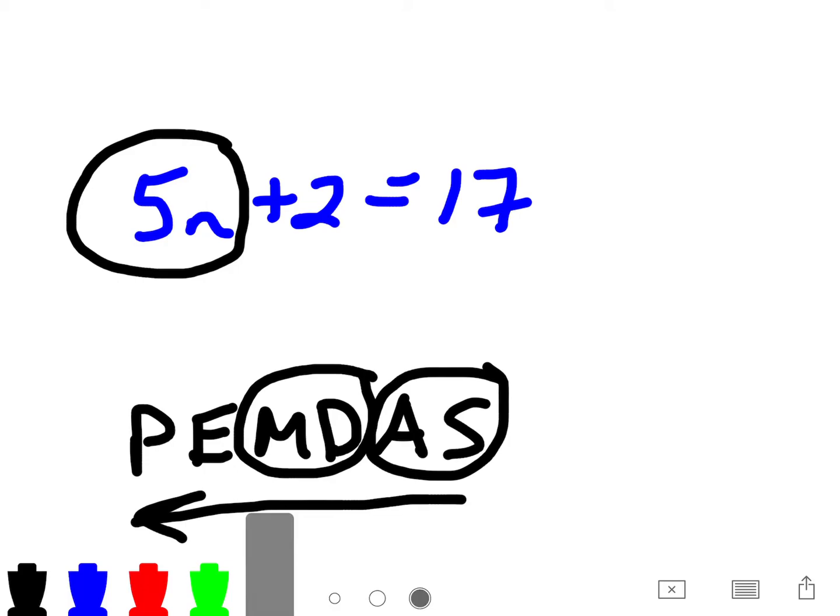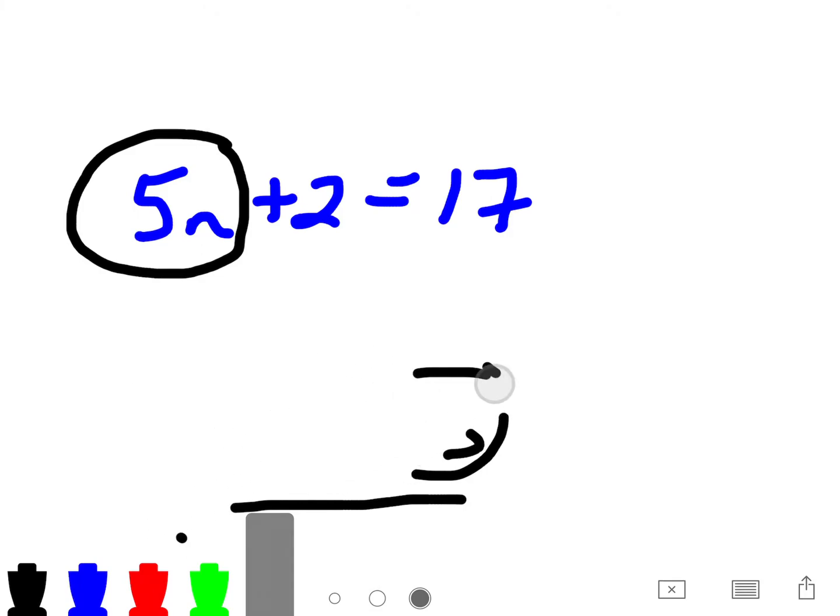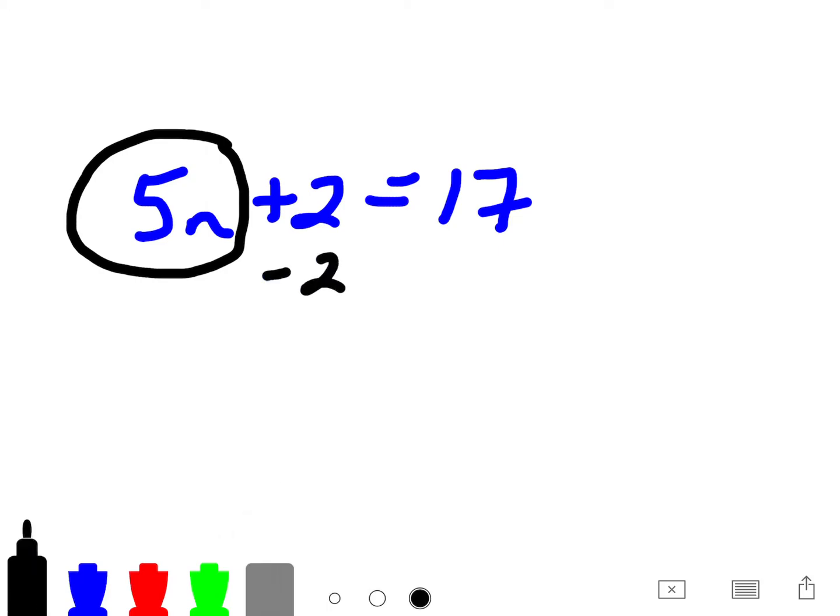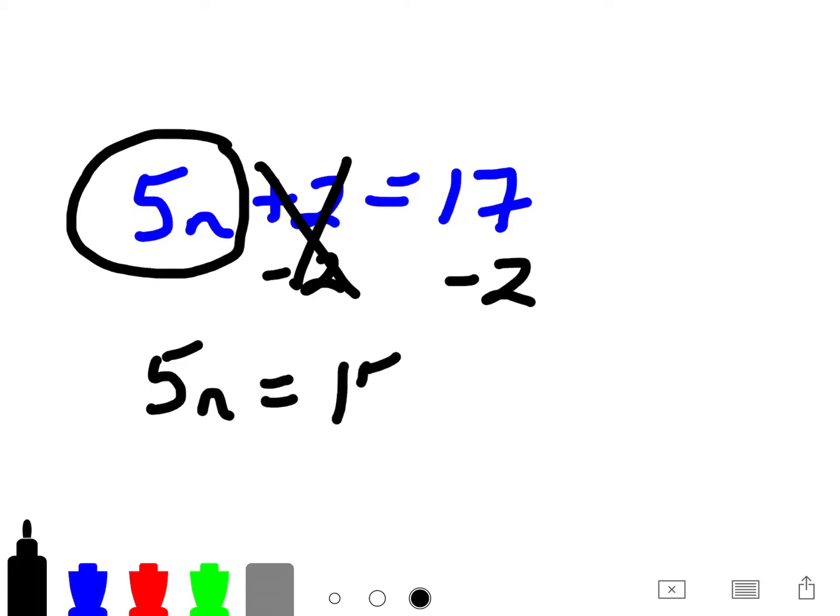So the way that we're going to solve this one, whichever way you look at it, whether you're looking at the reverse of order of operations or whether you're looking at isolating your variable, the first thing that we're going to do is we're going to subtract 2 from both sides. So what that does, that becomes a 0. We don't have to write the 0, and we've got 5n equals 15.